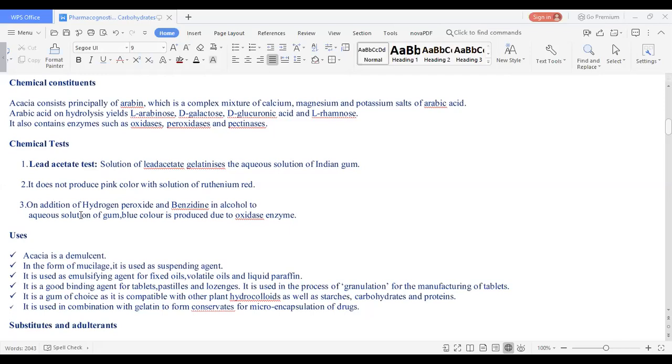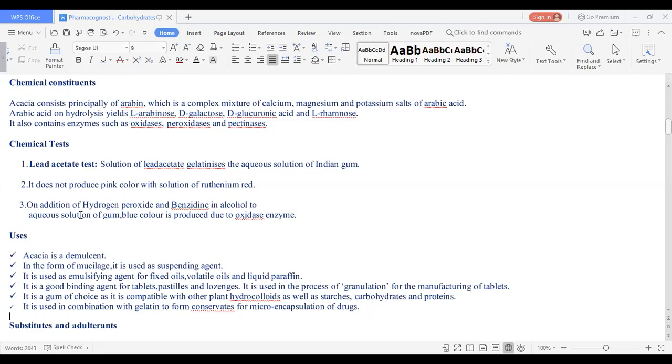It is a good binding agent for tablets, pastilles, and lozenges. It is used in the process of granulation for the manufacture of tablets. It is a gum of choice as it is compatible with other plant hydrocolloids as well as starches, carbohydrates, and proteins.